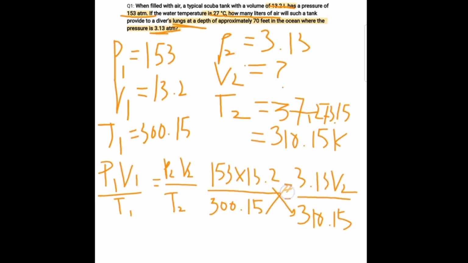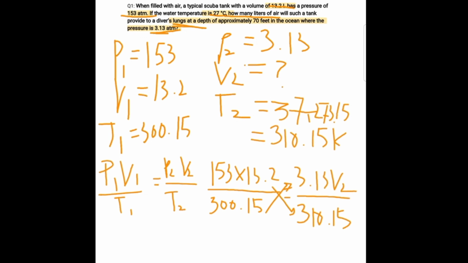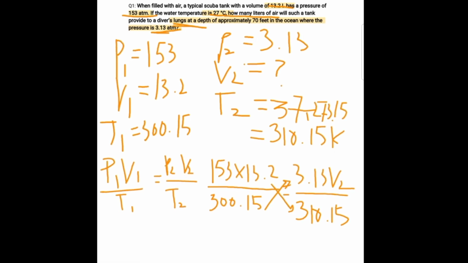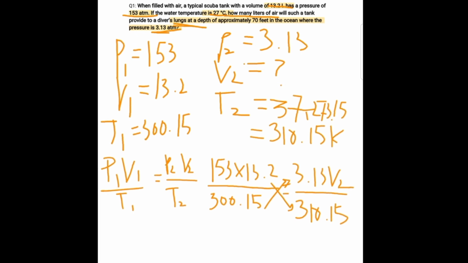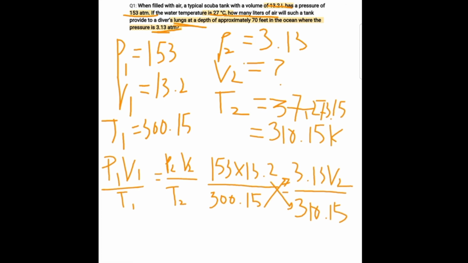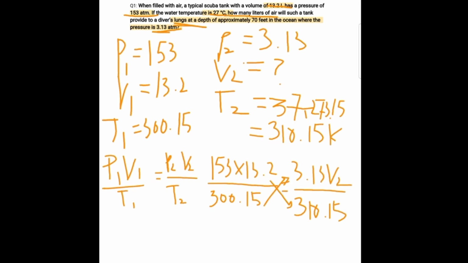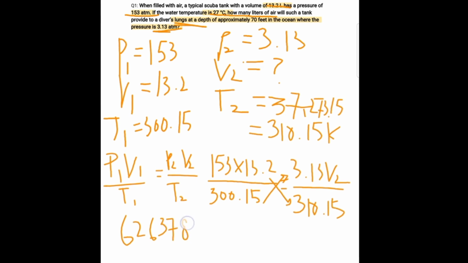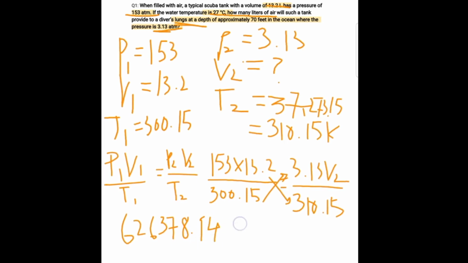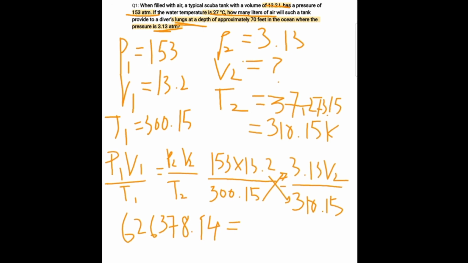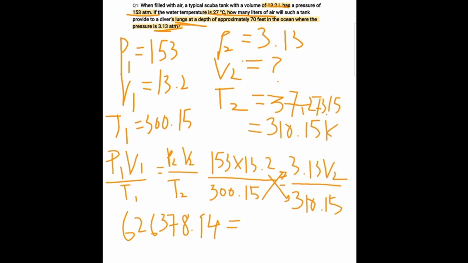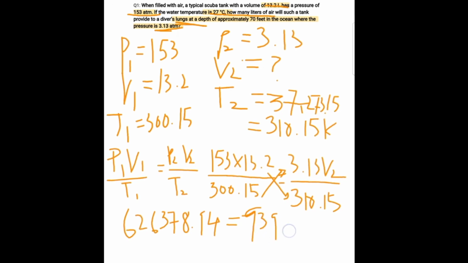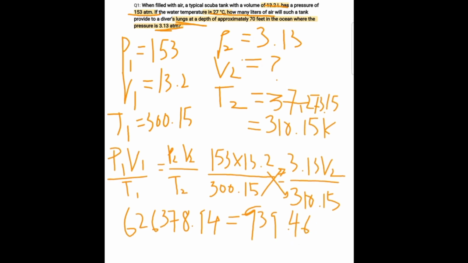So cross multiply, we get 153 times 13.2 times 310.15, which is 626,378.94, equal to 300.15 times 3.13, which is 939.46, times V2.